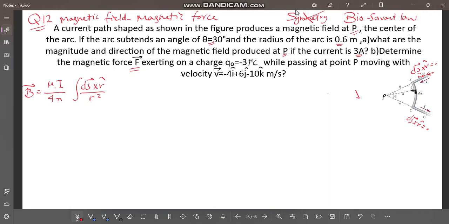ds is downward and r hat is leftward. So if I put i hat, j hat, and k hat outward, I can put, instead of ds, minus ds j hat, cross, instead of r hat, minus i hat.